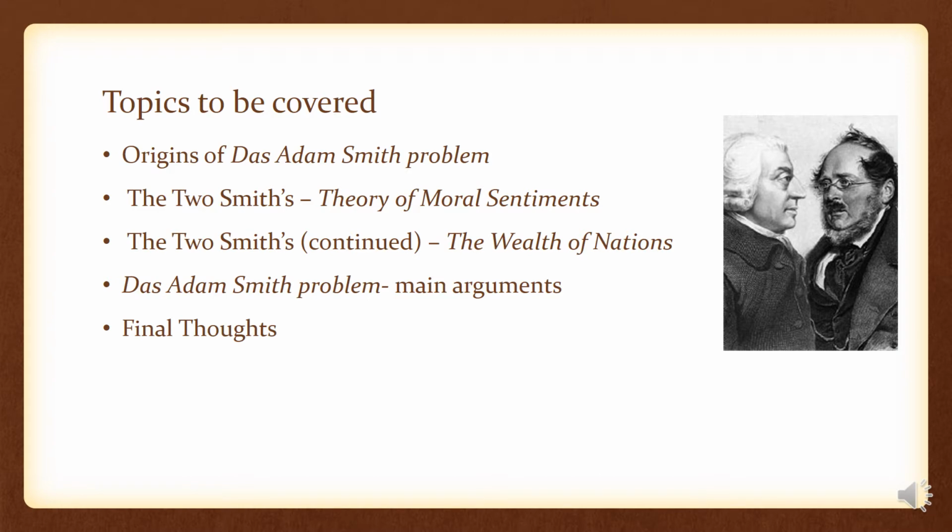Thereafter, just a quick recap on the two Smiths as outlined by Wilson and Dixon, who called Smith two Smiths, as one Smith in the Theory of Moral Sentiments and another Smith who wrote the Wealth of Nations. Thereafter, we're going to conclude and see what consists of the Adam Smith problem as outlined by different scholars over the years. And then at the end we can have some final thoughts on the matter.